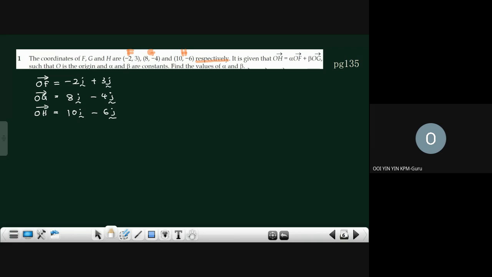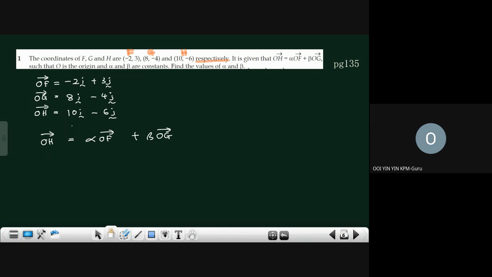So now it is given that OH equals alpha OF plus beta OG. This OH here equals your alpha OF plus beta OG.